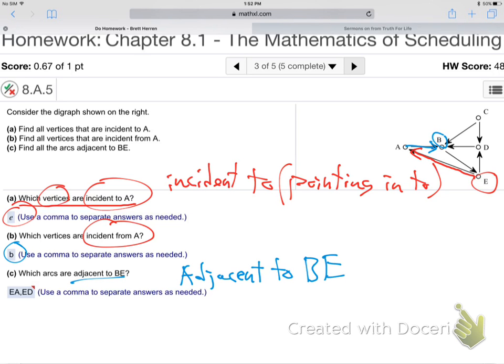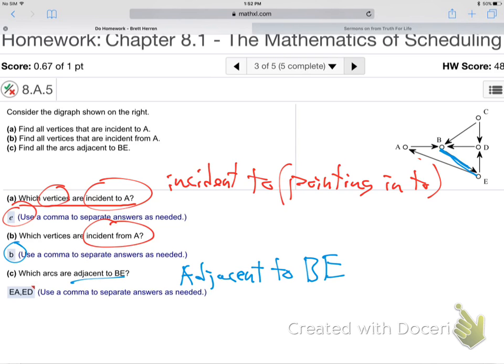I don't even remember. Adjacent to. I just have to look at the answer and kind of think it backwards. Adjacent to BE. Where's BE? I think it means next to. Let me see. BE. So BE is right here. There's BE. Which ones are adjacent to B? Oh, it means come right after. Yeah, that's what it means. I always forget.